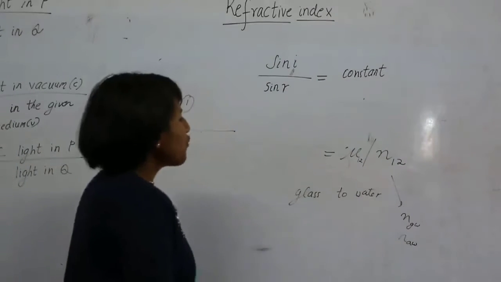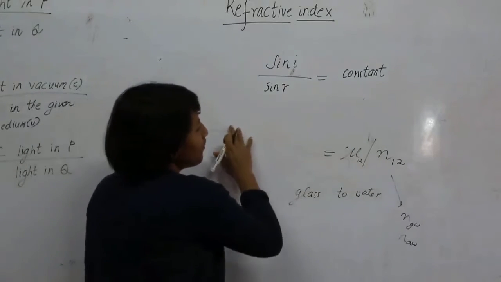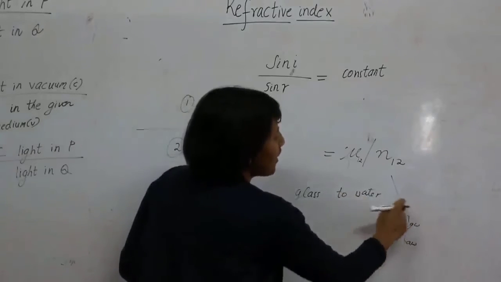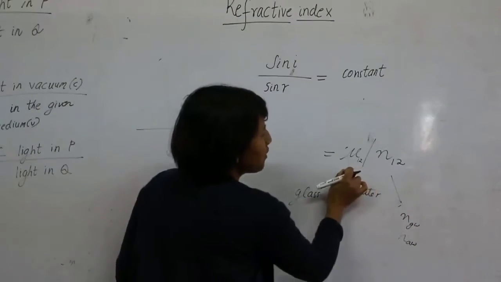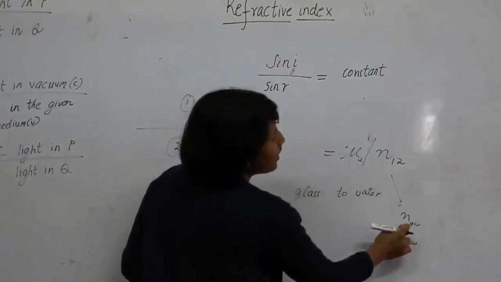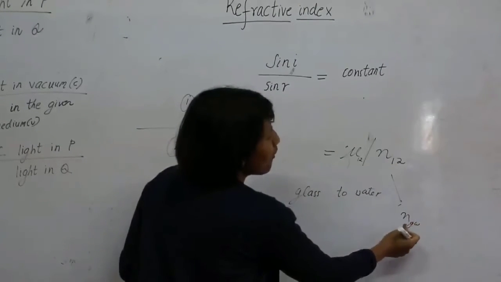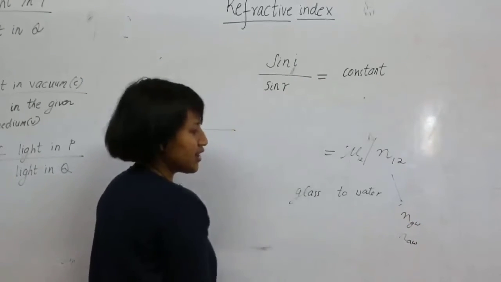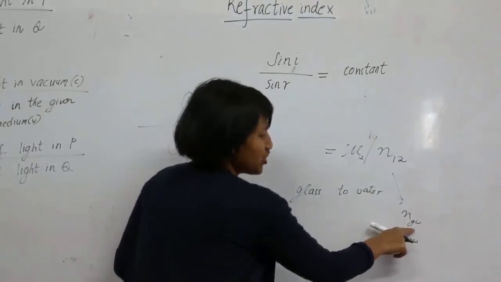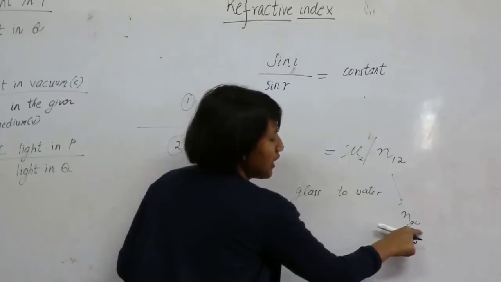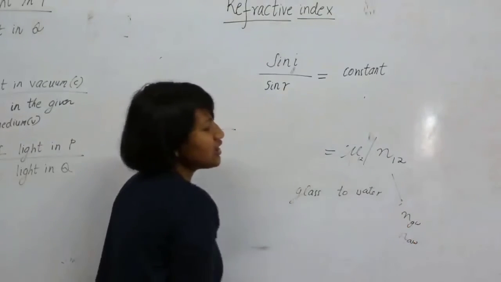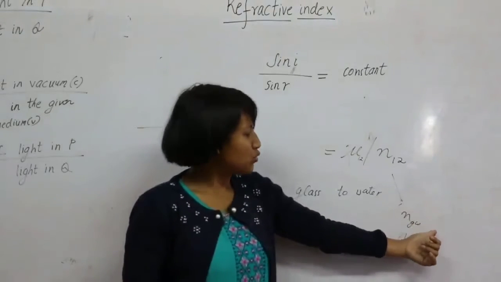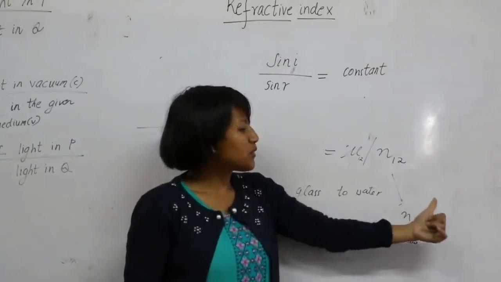So for example, if light travels from glass to water, then the refractive index, denoted by mu or n, is actually of water with respect to glass. This designation shows that it is traveling from glass to water, but actually it is the value of water with respect to glass, meaning you're comparing water with respect to glass.